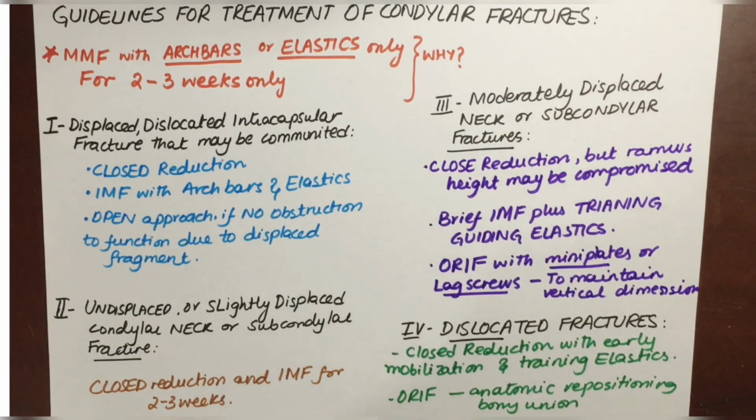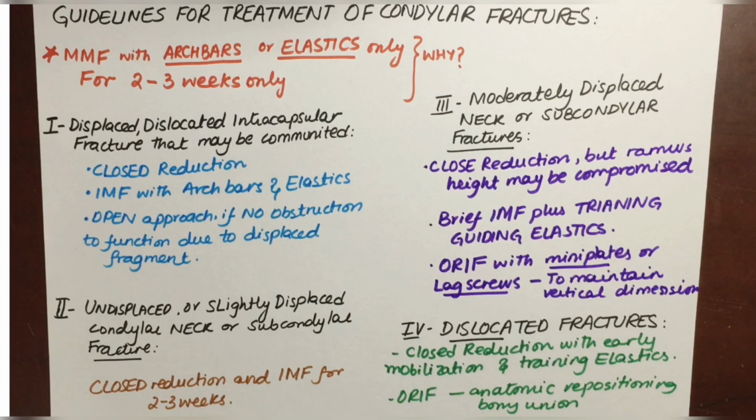Now, the guidelines of condylar fracture explain which approach or treatment modality should be used for the type of fracture. First of all, IMF is done with arch bars or elastics only for 2 to 3 weeks. The reason is to allow active mobilization to prevent TMJ ankylosis.